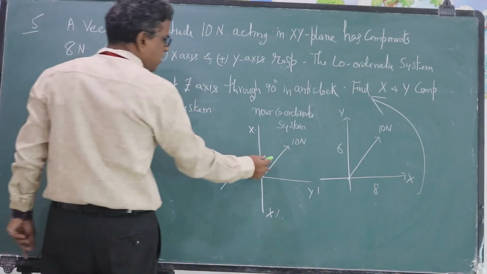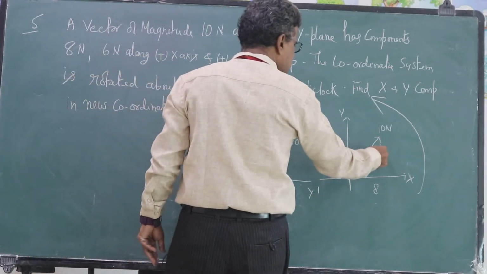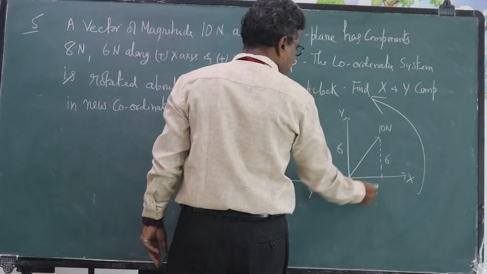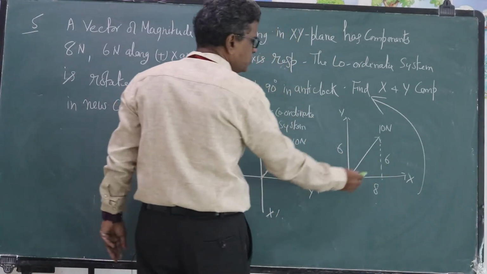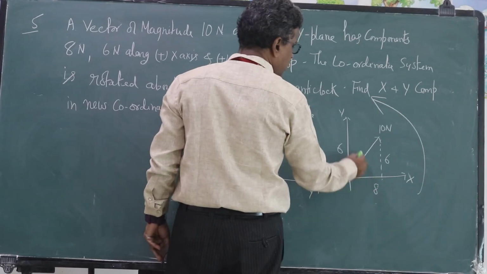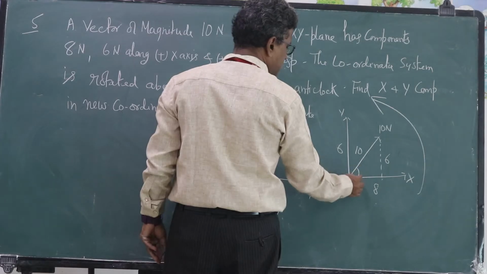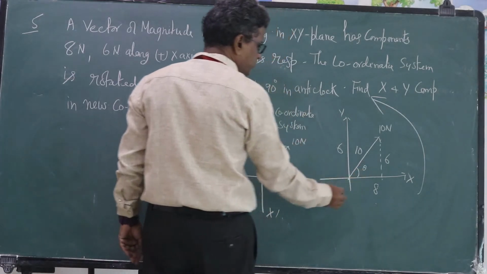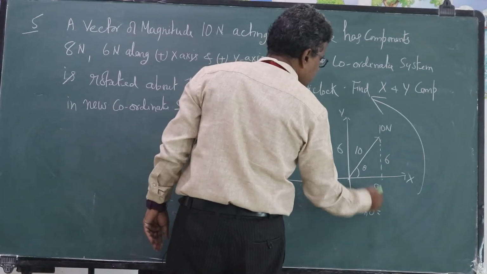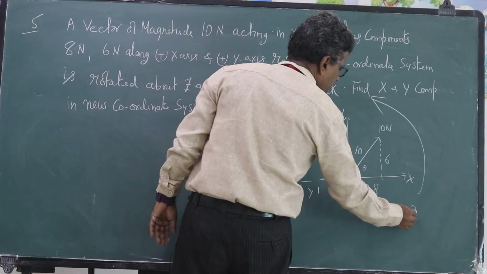Now we want this x component. So how much is this angle? If it is 8, 6, it is 2 times 4, 3. 3, 4 means this is 5, and this is 10. Let this angle be theta. Sin theta in this triangle is 6 by 10, that is 3 by 5.